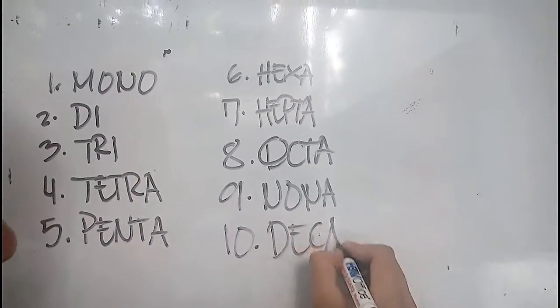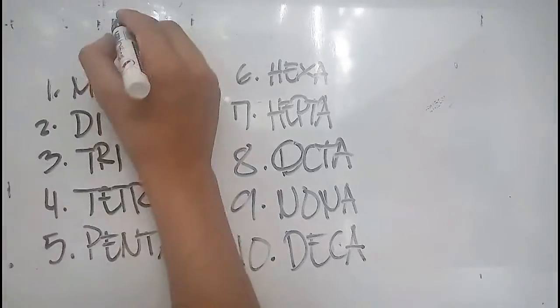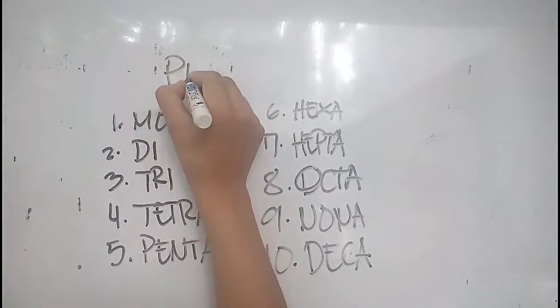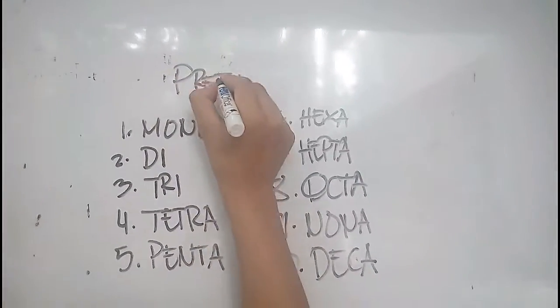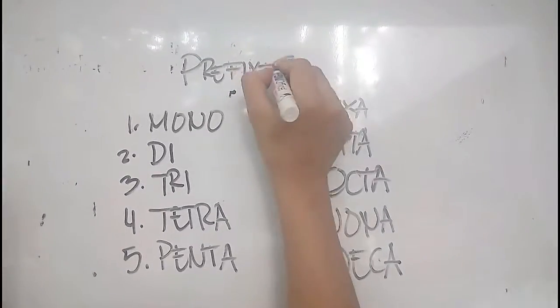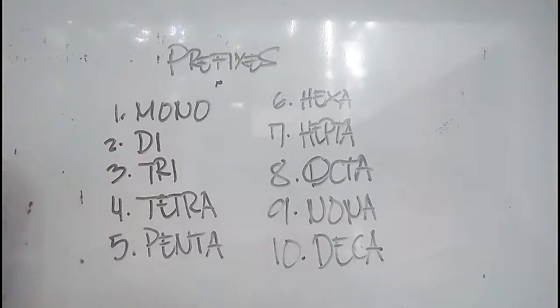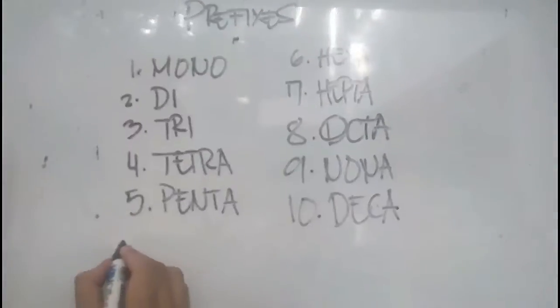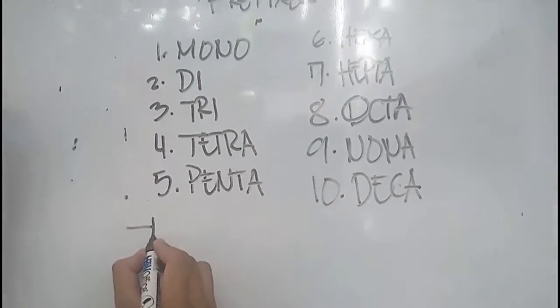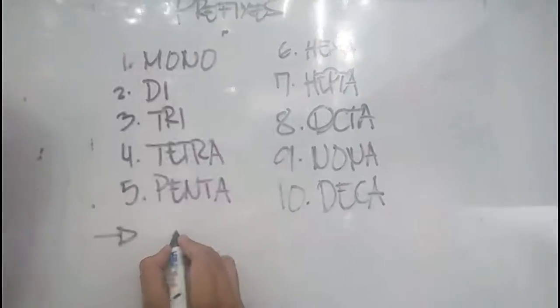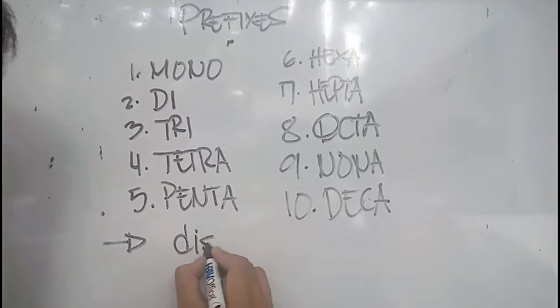So here's again, mono for 1, di for 2, tri for 3, tetra for 4, penta for 5, hexa for 6, hepta for 7, octa for 8, nona for 9, and deca for 10. Remember these prefixes when naming covalent compounds.